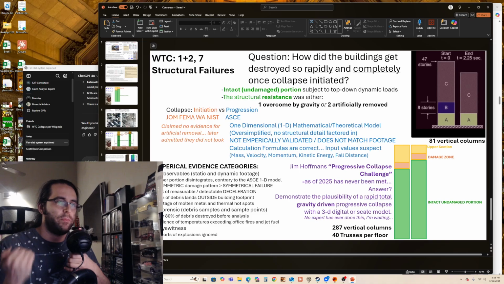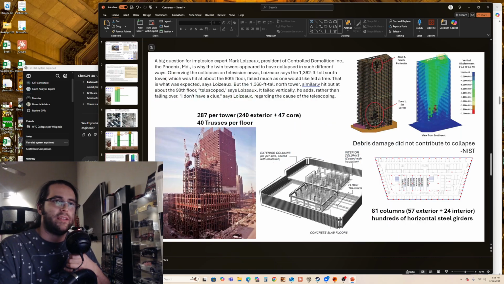It seems to account better intuitively for how rapid and complete the destruction was. The fact that no fire-protected steel frame structure has ever been destroyed by fire before or since, including World Trade Center 7, which was not hit by a plane, and NIST, who said that the debris damage did not contribute to the collapse.